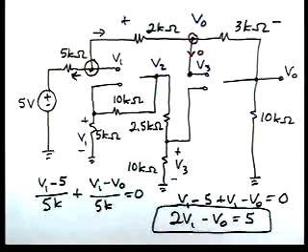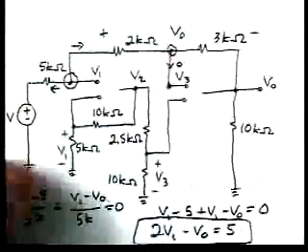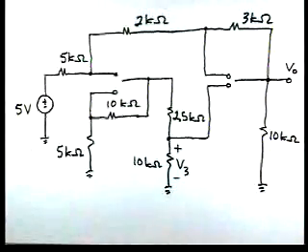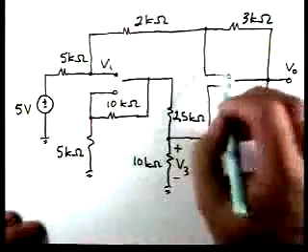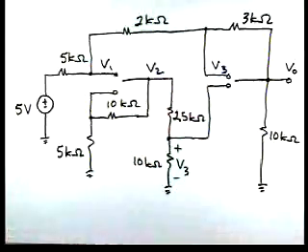Now let's redraw the circuit again. Now, since we have V1 here, this is V3, and this is V2, let's now come back and apply Kirchhoff's current law at that node.